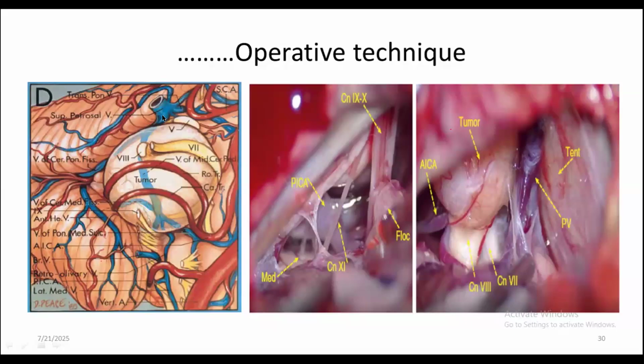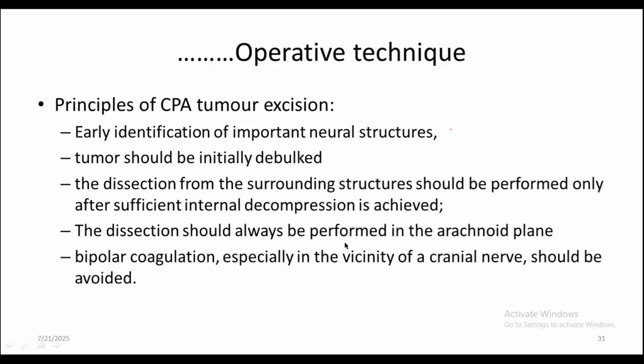And care is supposed to be taken in order to prevent injury to the superior petrosal vein, because there may be venous congestion and infarction of the cerebellum as well as part of the brainstem, which this vein drains. So this is another microscopic image showing the tumor and then also the structures as earlier alluded.